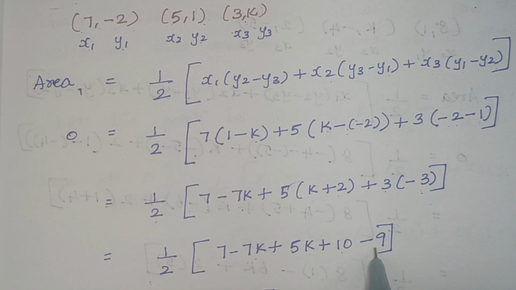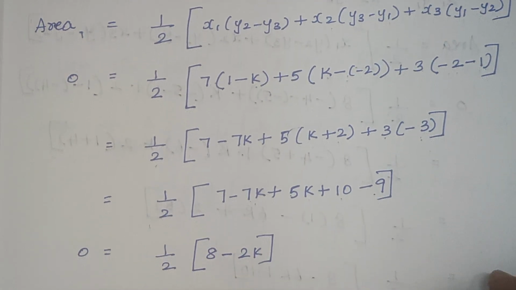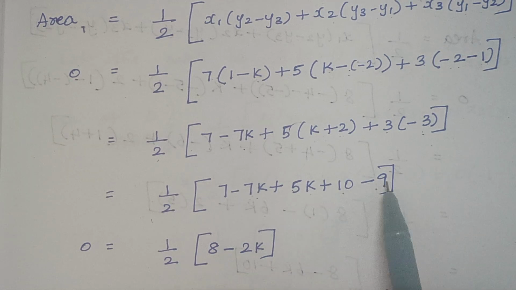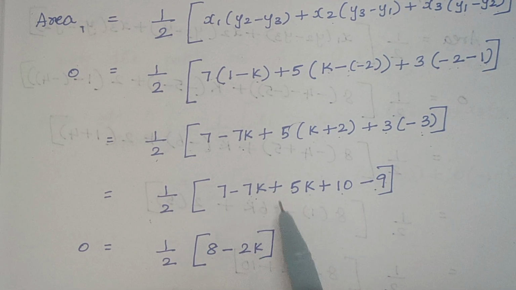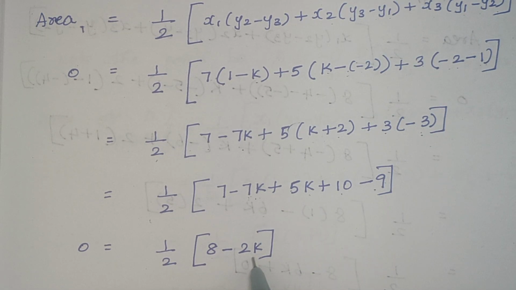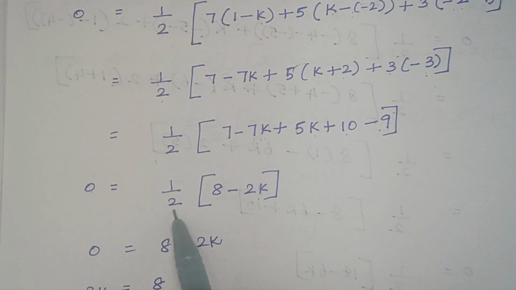Now we are going to combine the k terms together and the numbers together. Right. So here you see what is 10 minus 9? It is 1. Right. So 7 plus 1 gives 8 and minus 7k plus 5k gives minus 2k. So now when I move this 2 to the left hand side, 0 into 2 becomes 0 again, which is equal to 8 minus 2k.